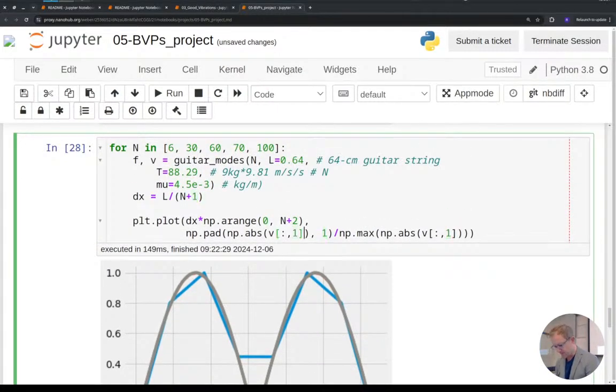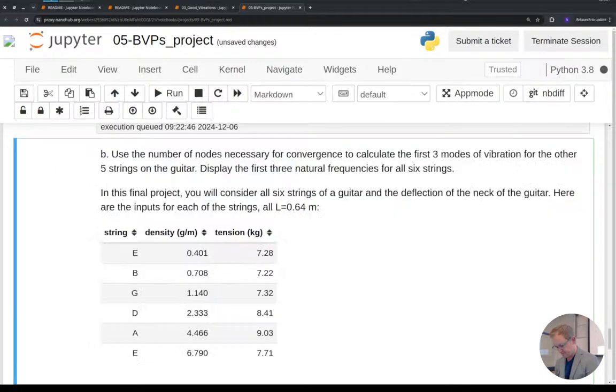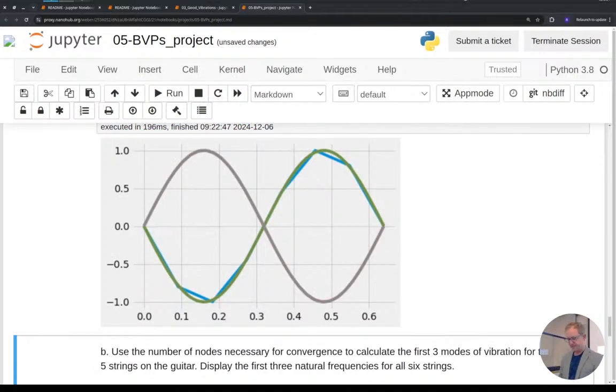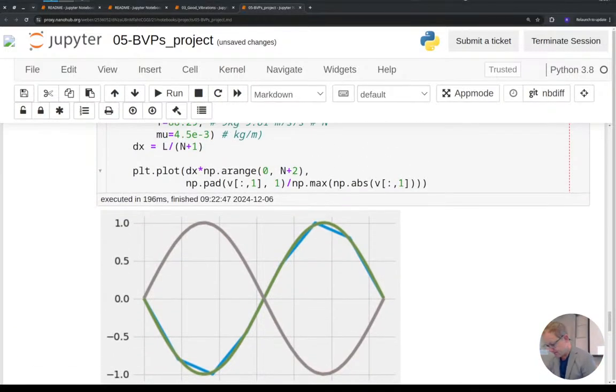So I don't want to do absolute value. But sometimes it is flipped. So how did we fix this? How could we fix this?